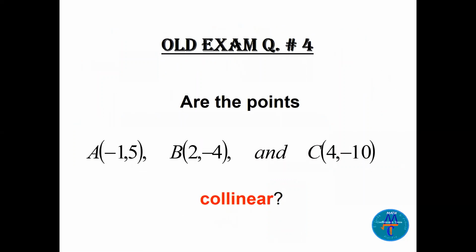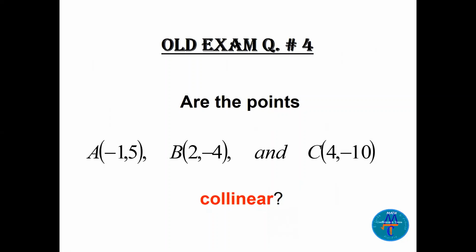Question number 4. Are the points A, B, and C collinear? Now, collinear, I think you should know the meaning. Collinear means on the same line. Are these points on the same line or not?